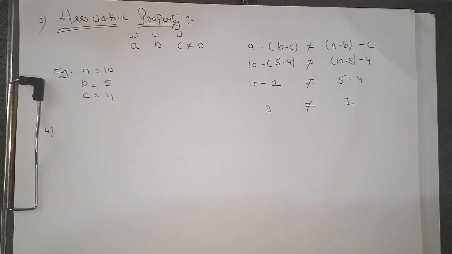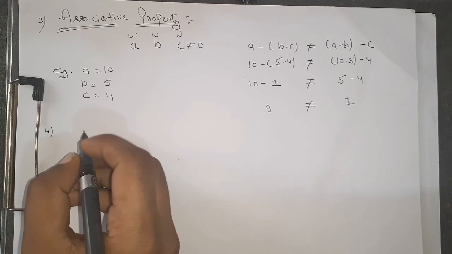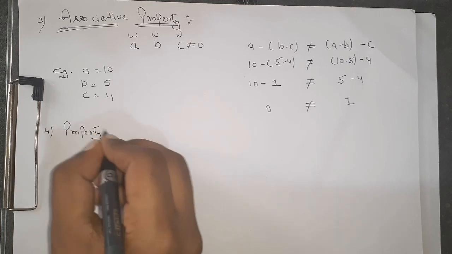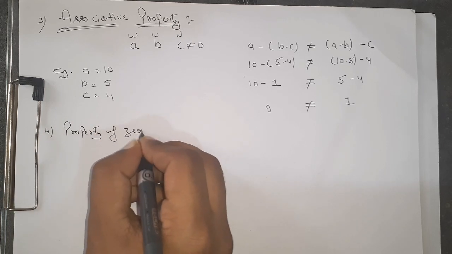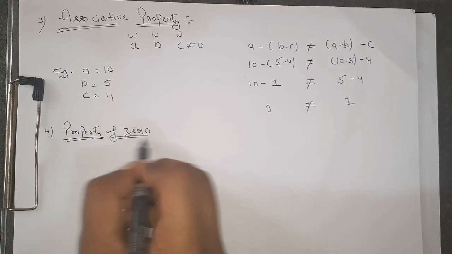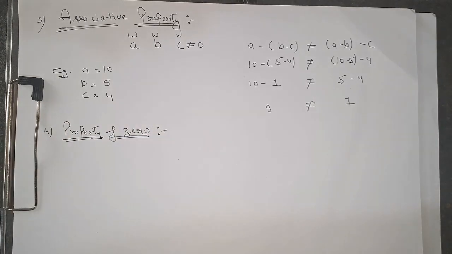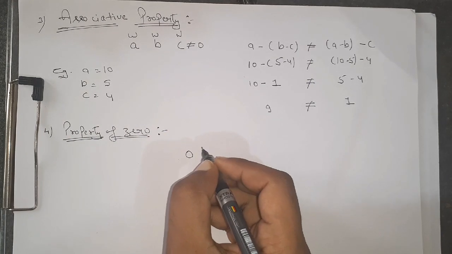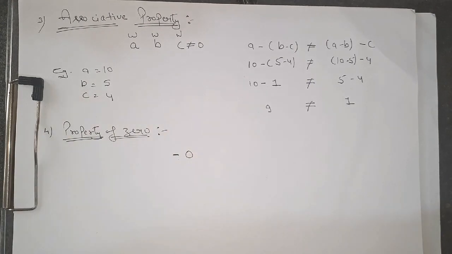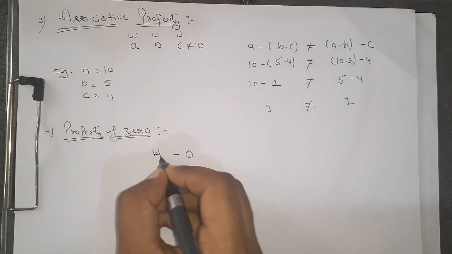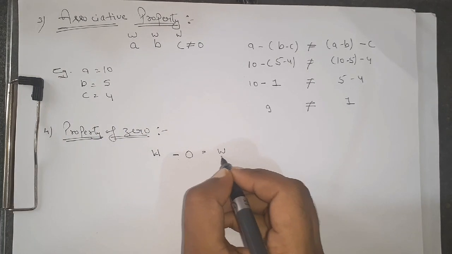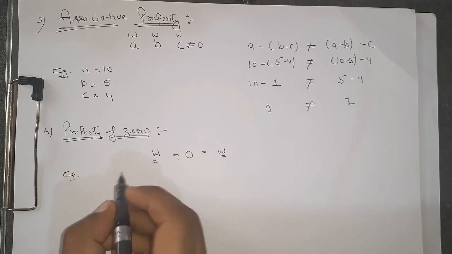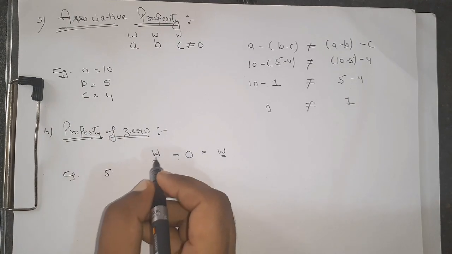Now the fourth one is the property of zero. In this, if 0 is subtracted from a whole number, then the answer will be a whole number. For example, suppose a whole number 5.